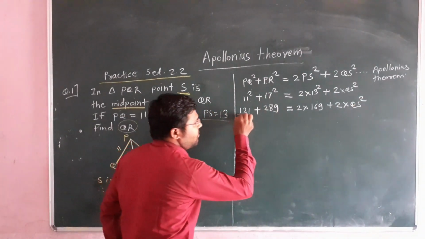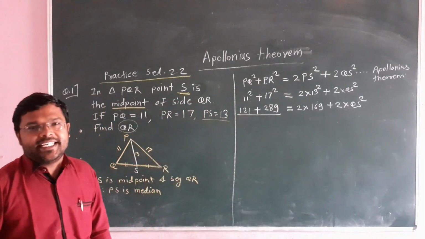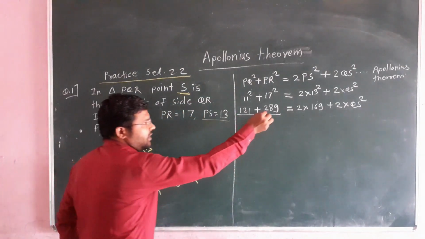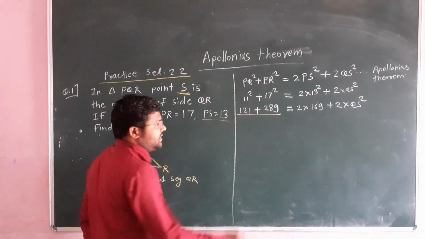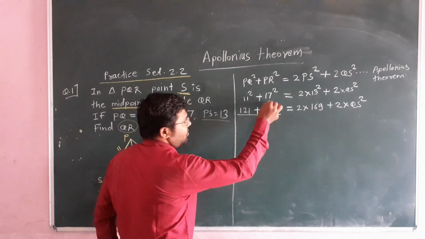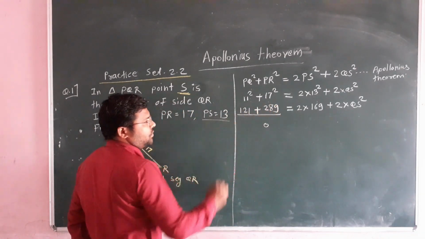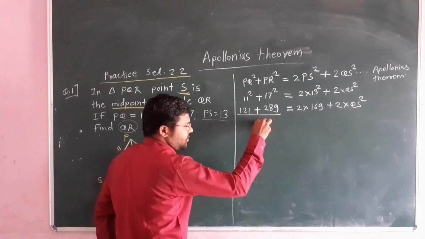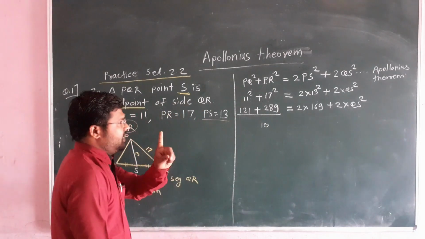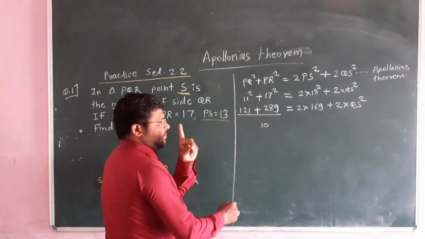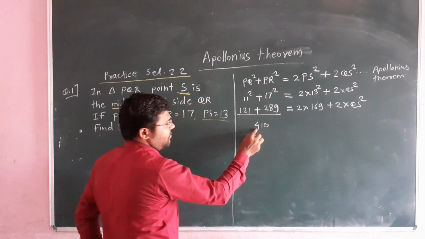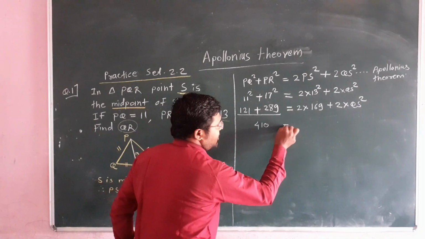Now addition of 121 and 289. 9 plus 1 is 10, so write here 0, 1 carry. 8 plus 2 is 10, plus 1 is 11, so write 1, 1 carry. 2 plus 1 is 3, 3 plus 1 is 4. So 410 is equal to.